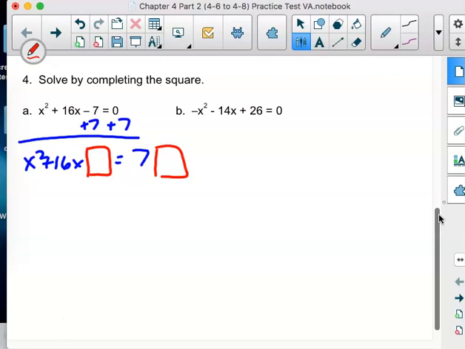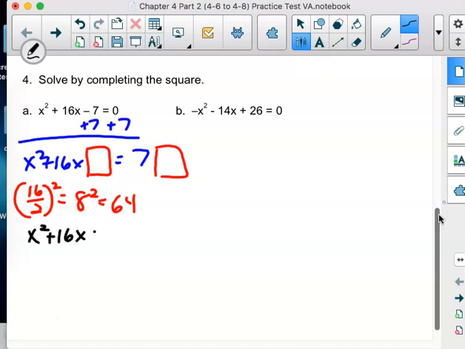Yep. 16 over 2 squared. And that's 8 squared, which is what? Wow, 64. All right, so we're going to have to add a 64. And yeah, I'm showing an extra step here for people that are gone so they can see what we did.